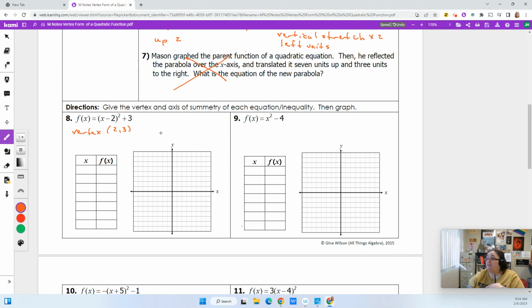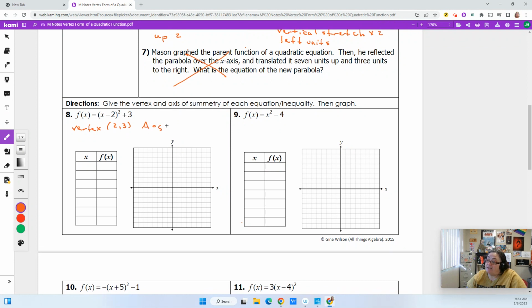It also says, give the axis of symmetry. Well, the axis of symmetry, that AOS, is just the x value of your vertex. So it would be x equals 2, right? And we're going to use this again to build up our table so that we can make a graph.